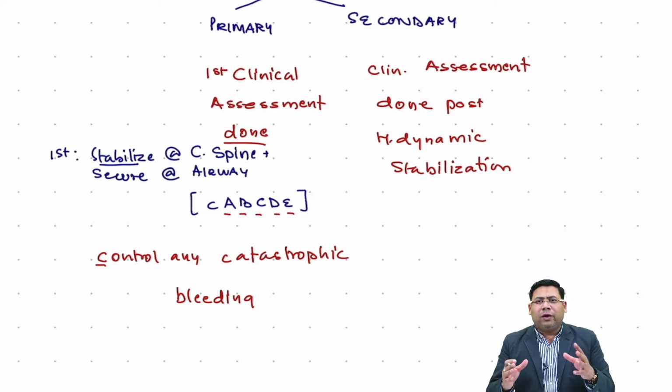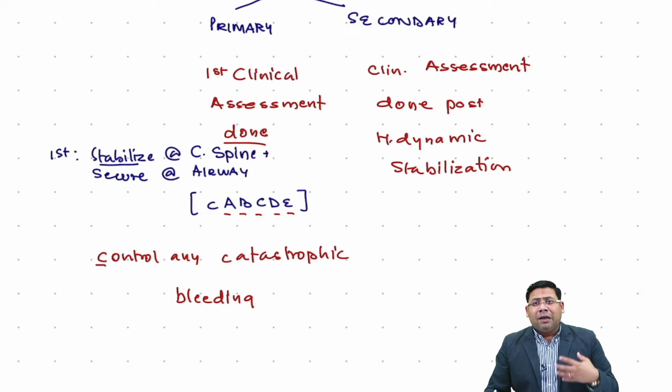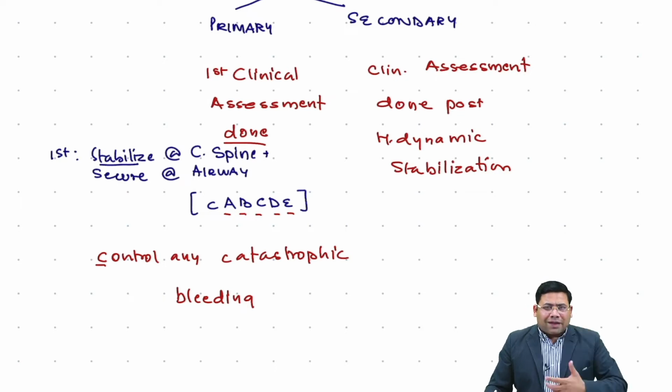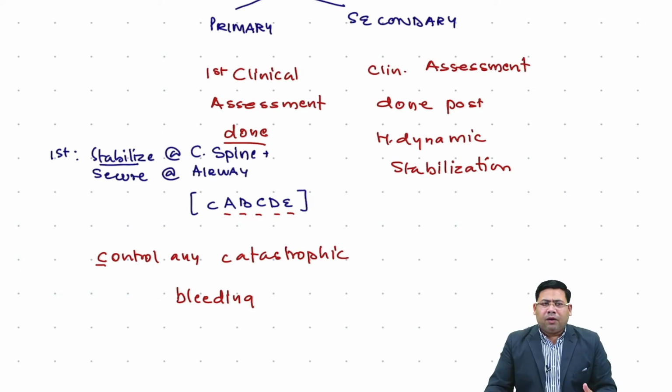So you need to expose the patient. Why? Suppose the patient has been brought with abdominal trauma; there could be a concomitant thoracic injury, head injury, or a leg fracture. So you need to expose the patient to rule out other possible sites of injury. In cases of burn, you need to expose the patient to get rid of contaminated clothing.